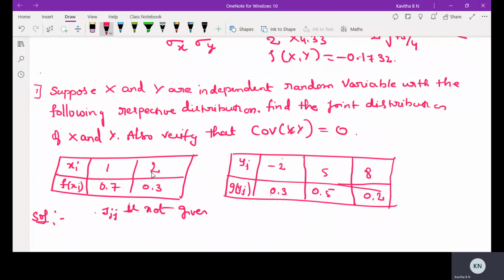In problem 1, given the condition, find the joint probability distribution of X and Y. Also verify covariance of X, Y is equal to 0. Capital X and Y are independent random variables.